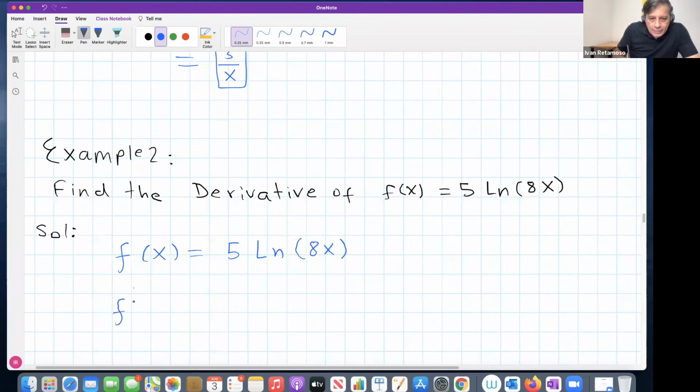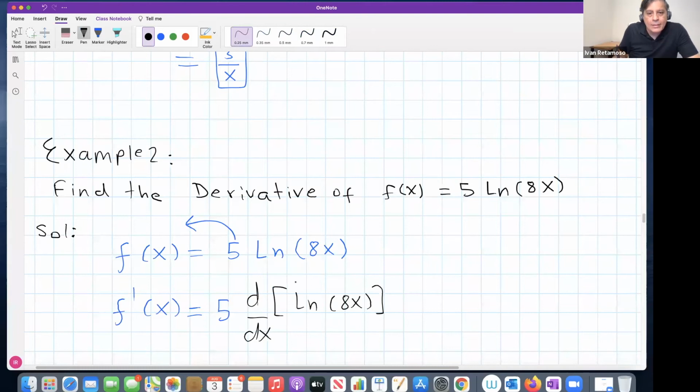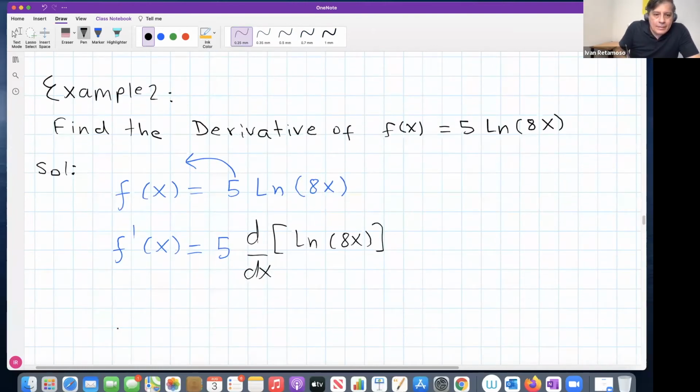The derivative of this function: 5 is a constant, and we should just focus on taking the derivative with respect to x of natural log of 8x. So this is going to be f prime of x. What's the derivative of this guy?